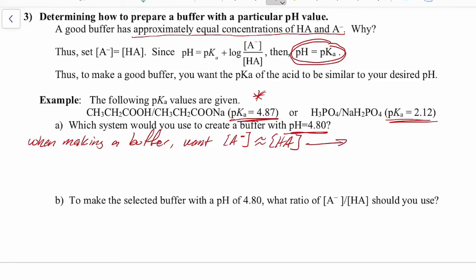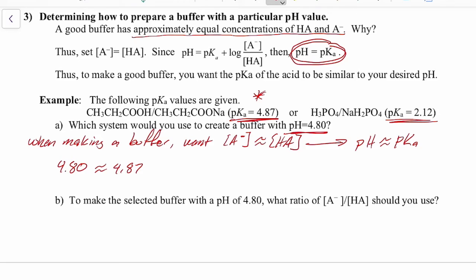Therefore, you want a pH that's about equal to the pKa of the acid that you're going to use. So in this case, if we want a pH of 4.80, we're going to use an acid whose pKa was 4.87 because those are about the same. It's going to give us a much closer ratio.